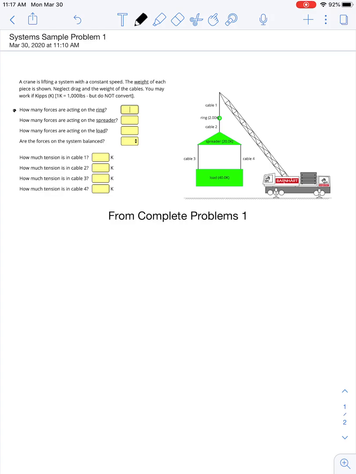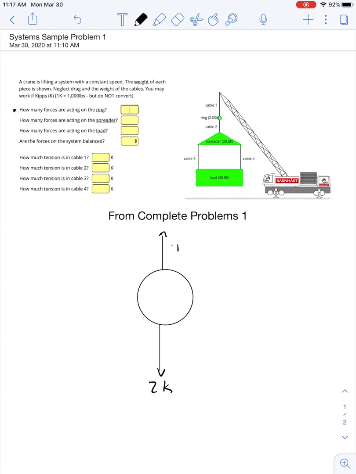Well, Dr. Edmonds loves an FBD, so let's draw a quick FBD of the ring. Obviously, the ring is going to have weight down. That's one force, and its weight is 2 K. It's got cable 1 holding it up.